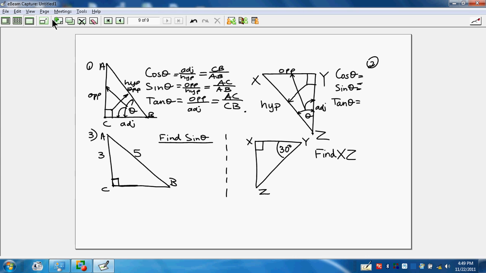So based on that, we could find what cosine theta would be. Cosine theta in this case we know is adjacent over hypotenuse. And adjacent over hypotenuse for this one will be YZ over XZ. Right, so that's what you should have gotten.